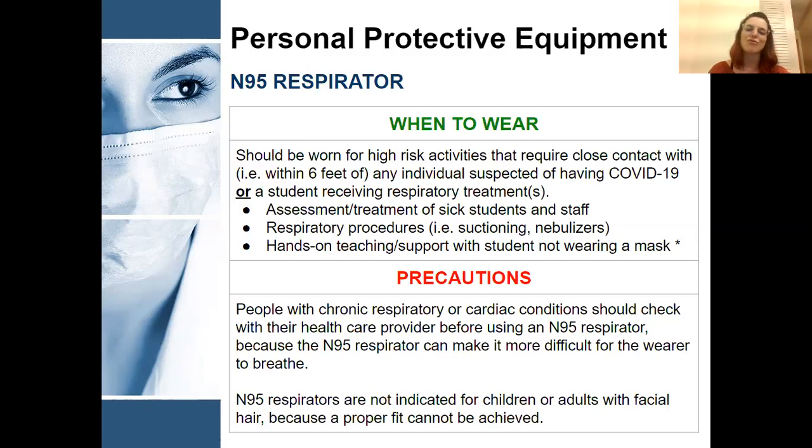N95 respirators are not indicated for children or adults with facial hair because the proper fit cannot be achieved. It really does have to create a full seal from the bridge of the nose across the cheeks, under the jaw to the chin. You don't want any aeration to occur when you're wearing the mask. It really does have to be that full tight seal.